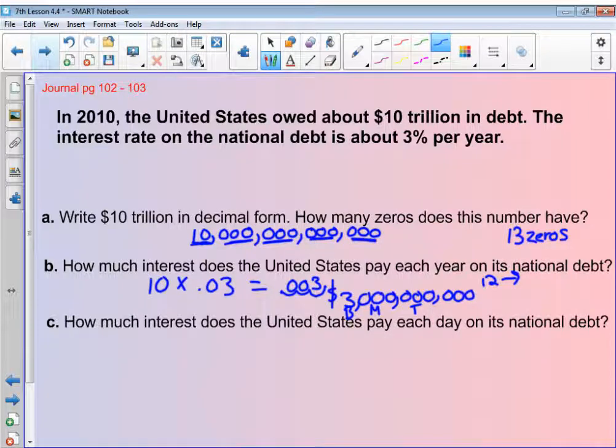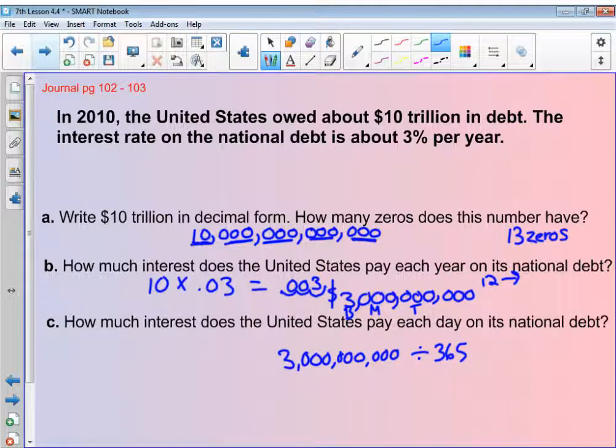It says, how much interest does the United States pay each day on its national debt? So now what would we do with this number to figure out how much we're paying each day? How many days are in a year? 365. So we're going to divide that by 365. I'll see if my calculator will let me do this, 3, 1, 2, 3, 1, 2, 3, 1, 2, 3. It will let me fit those on there.